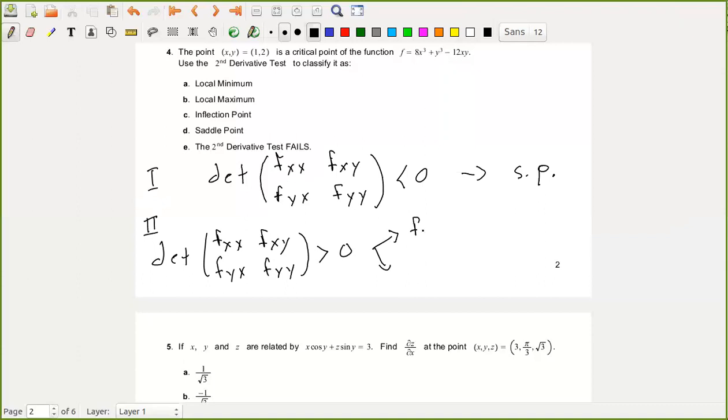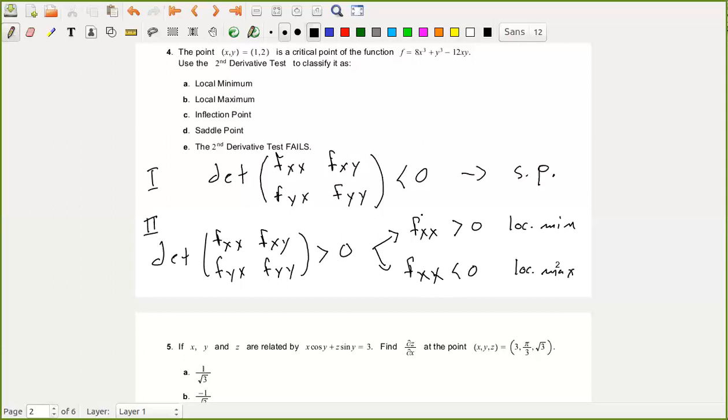If the second x derivative is greater than 0, then we have a local min. And if the second x derivative is less than 0, then we have a local max.